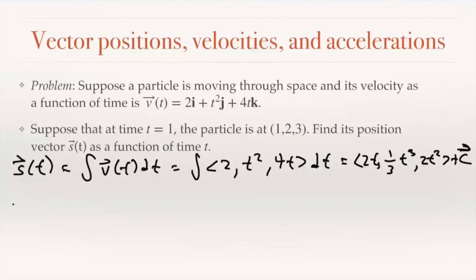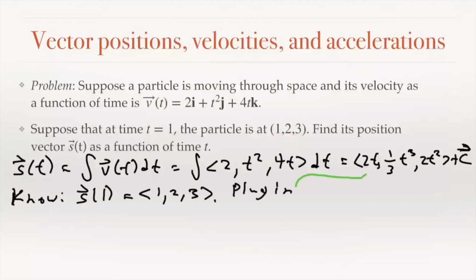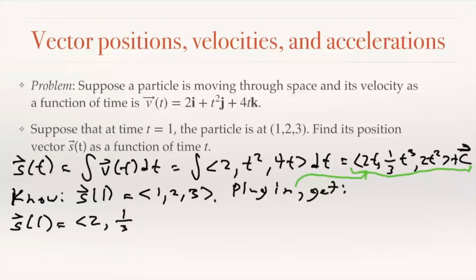So we plug that in, including that constant, and solve for the constant vector. s of 1 is 2, 1/3, 2, plus our arbitrary constant vector c1, c2, c3, which must be equal to 1, 2, 3.